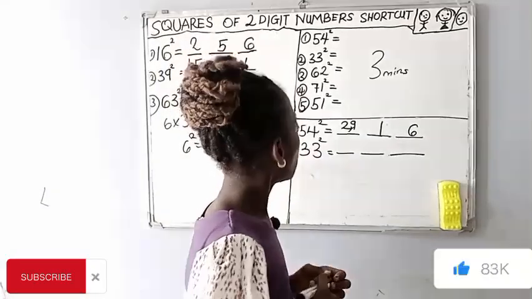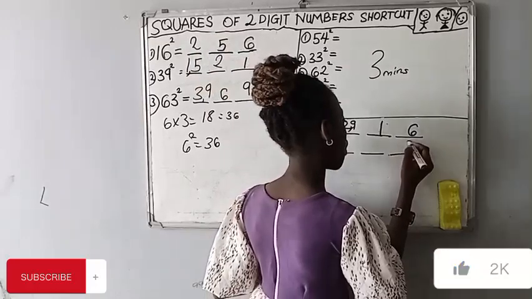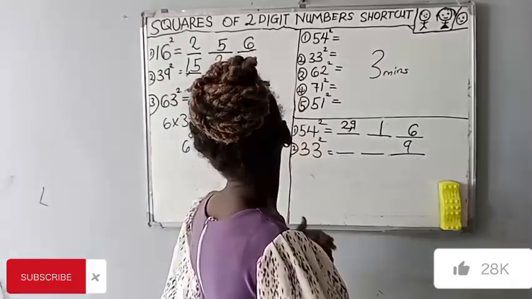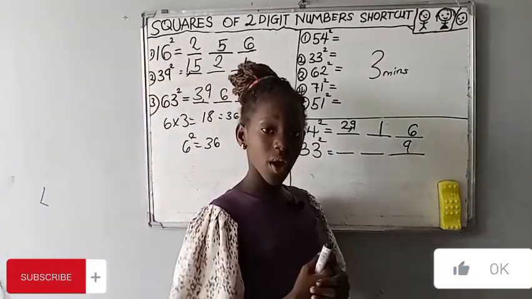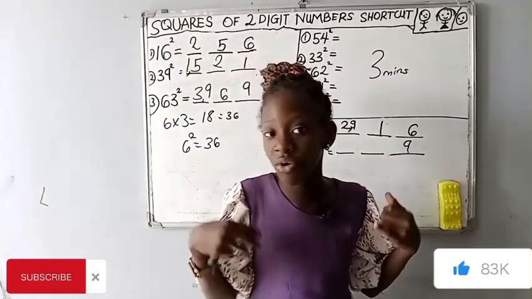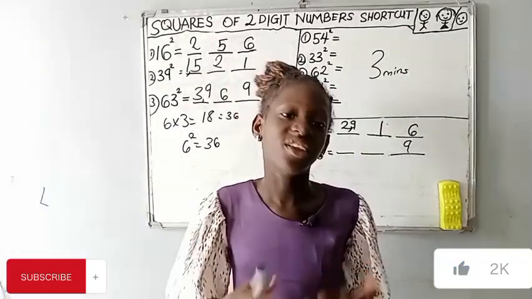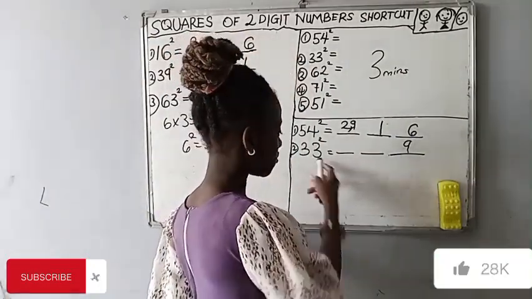Then we're going to find the square of 3. 3 squared is what? 9. You still remember what I said here? That in this 3 squared, there are some questions that don't need the process of carry over and the ones that need carry over. But here, we don't need carry over in this first step.